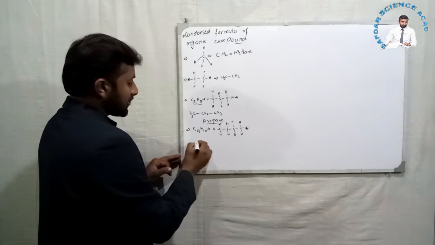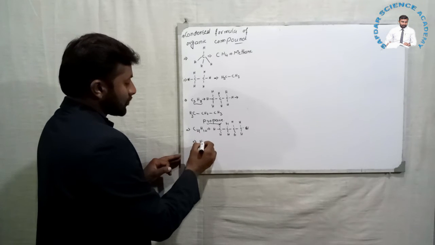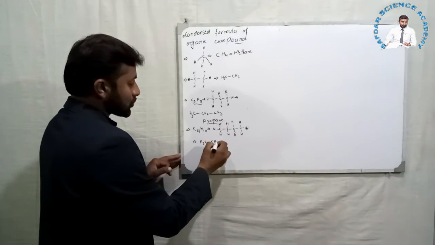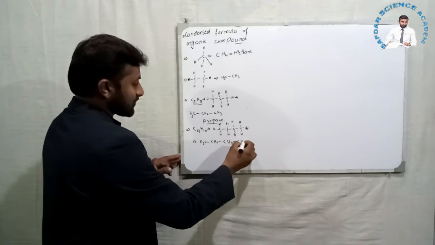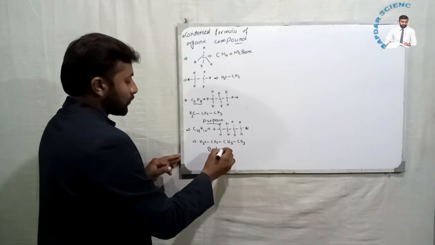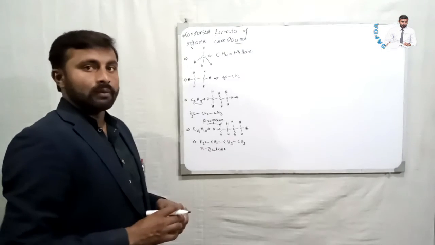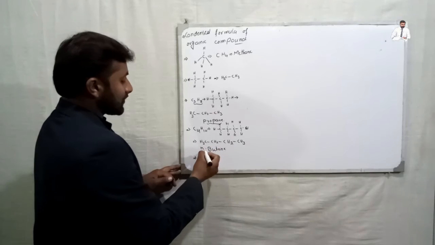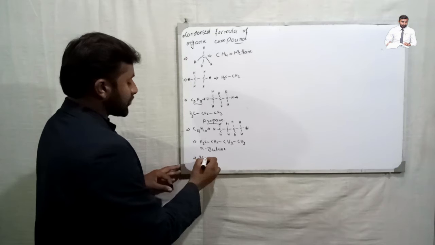If we write its condensed formula, it is H3C single bond CH2 single bond CH2 single bond CH3, that is butane, which has this condensed formula. This butane is called normal butane. And the last thing, normal butane and isobutane.